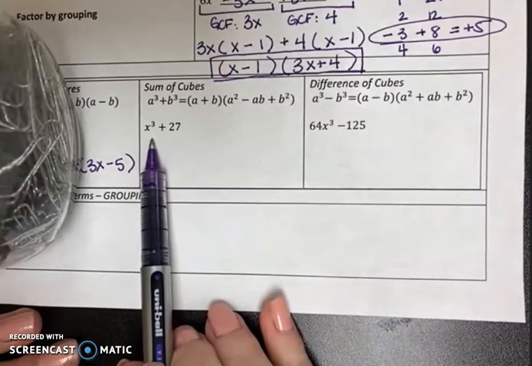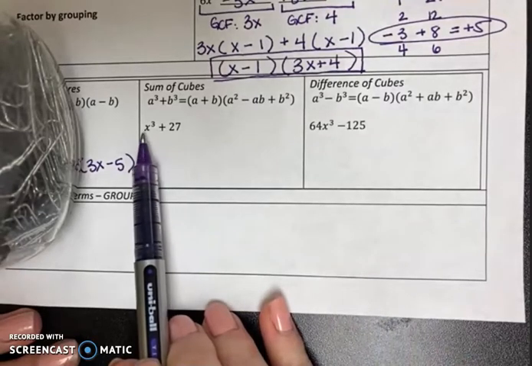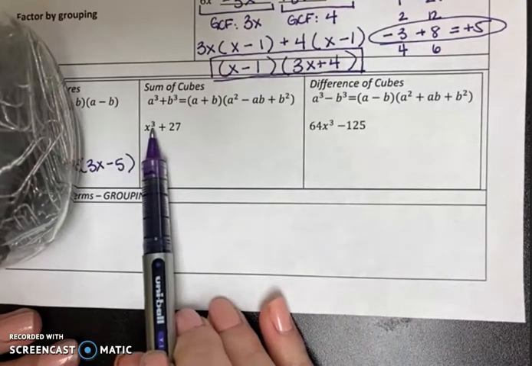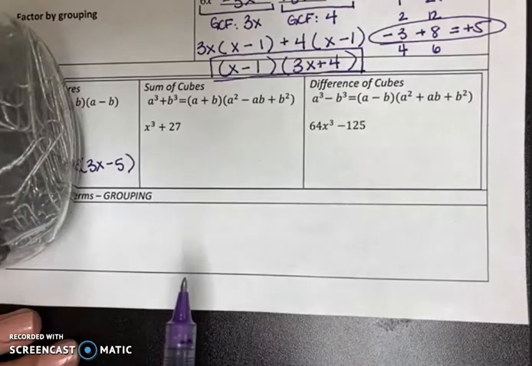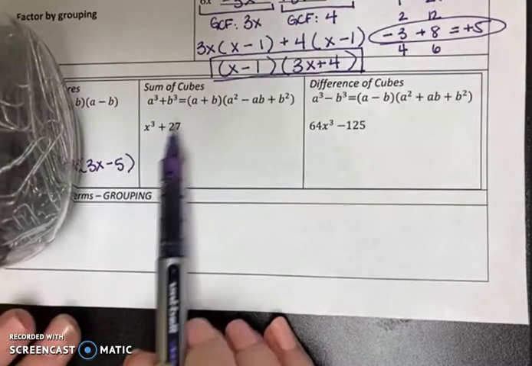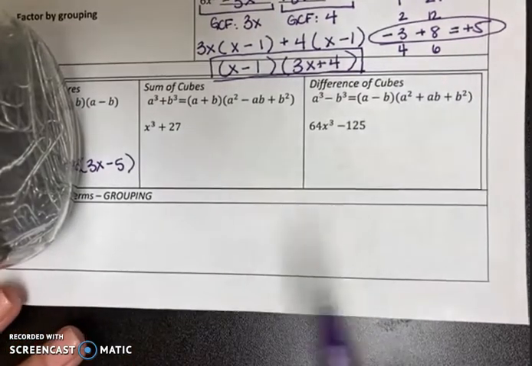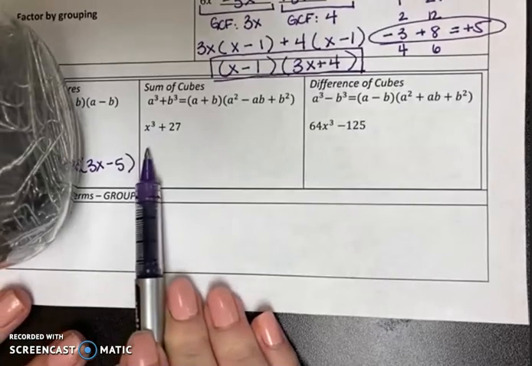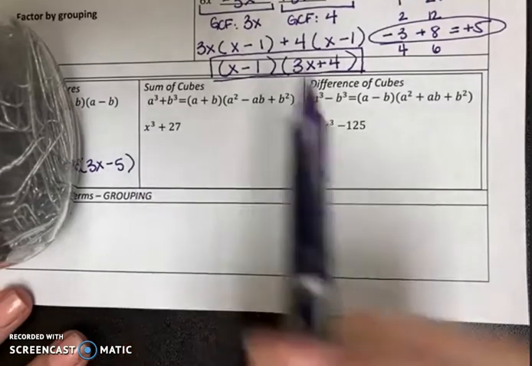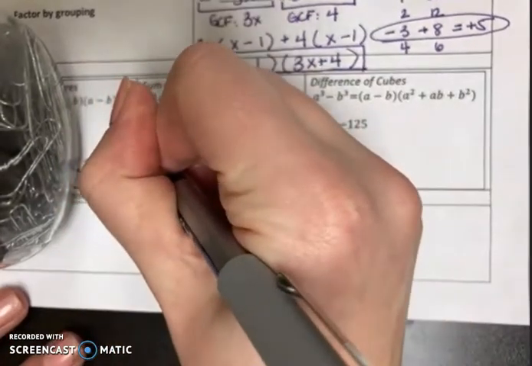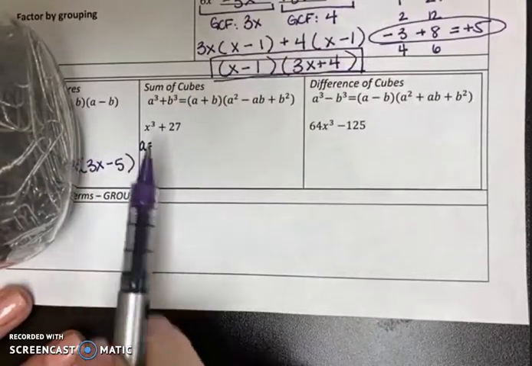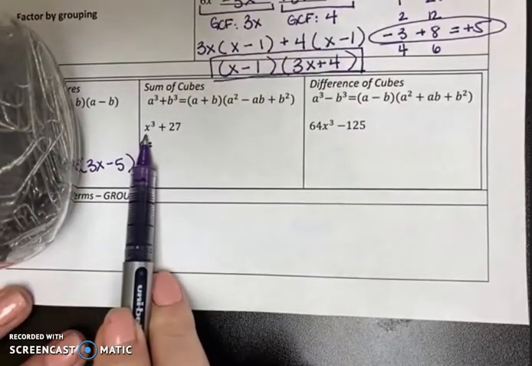Let's start with this example here. I have x cubed plus 27. To identify a and b, I need to ask myself what cubed would give me each term. So to find a, I would ask myself what cubed would give me x cubed.